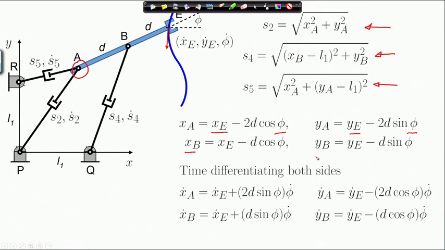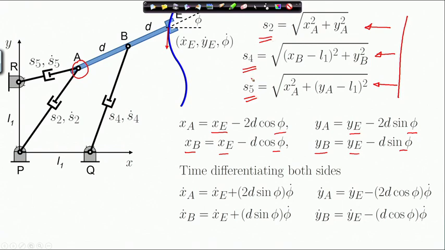Similarly, the coordinates x b, y b, they are related again to the end effector coordinates and phi. Now, if you time differentiate these relations, you will get the velocity relations, which you use in this set of 3 equations, which relate to the actuator expansion.